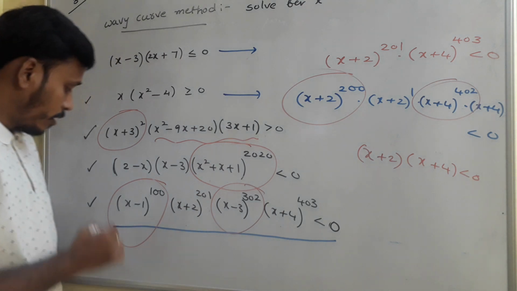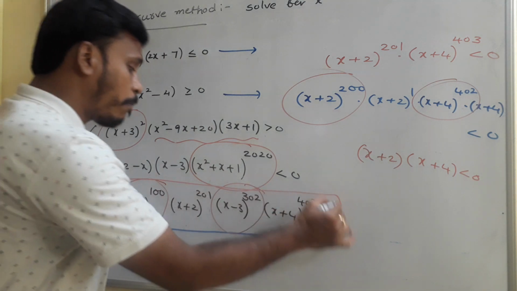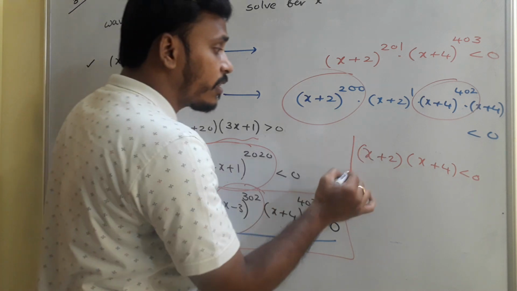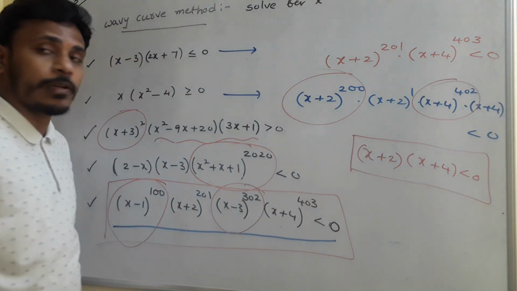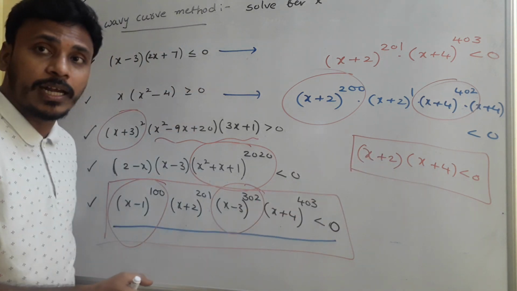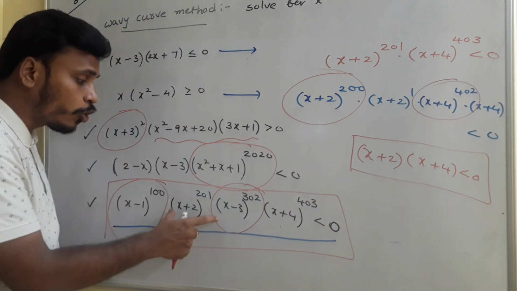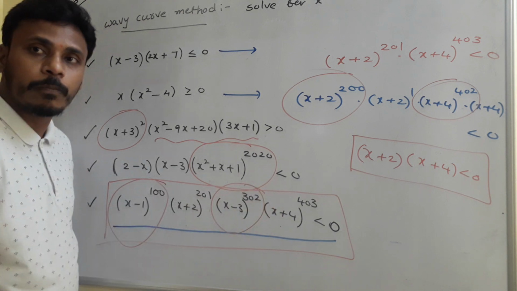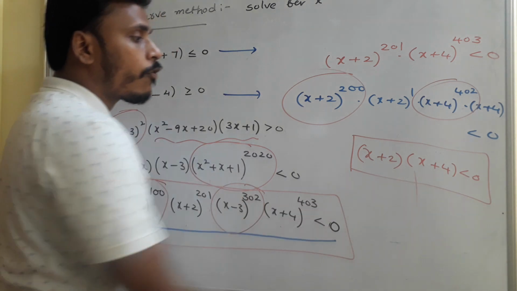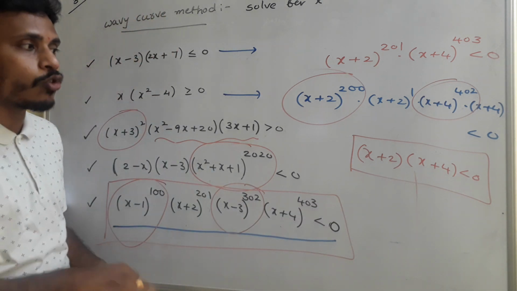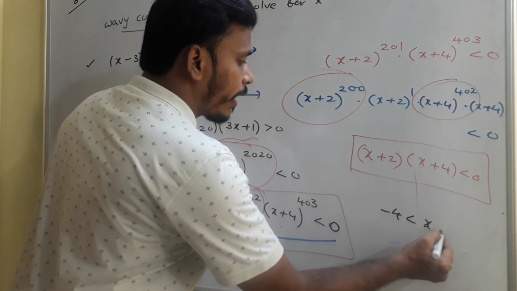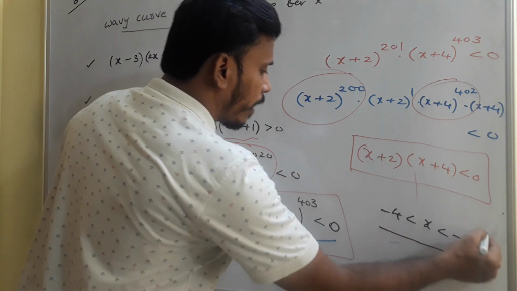Just observe it. See, what is this problem? Power 100, 201, 302, 403. And what is this expression? x plus 2 into x plus 4 less than 0. Solutions for this quadratic inequality are the same as the solutions for this polynomial also. How? We transformed it like this, and we know the way of finding solutions for x plus 2 into x plus 4 less than 0, which is simply in between the roots: minus 4 less than x less than minus 2.